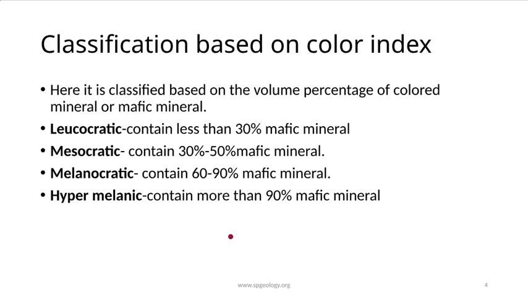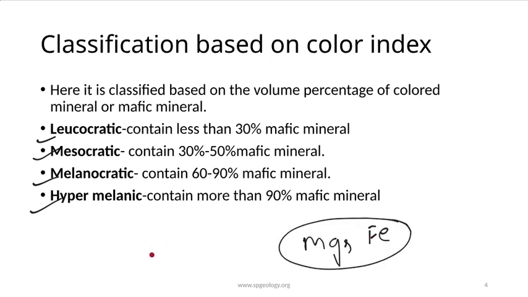Then in terms of color, we use leucocratic, mesocratic, melanocratic, and hypermelanocratic. It's very important. Leucocratic is for a lighter color rock which contains less than 10% mafic minerals. Mafic means magnesium and iron. Always remember that where we use the term mafic, that means Mg-Fe.